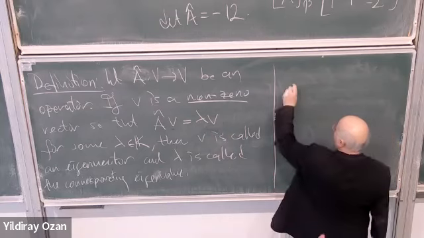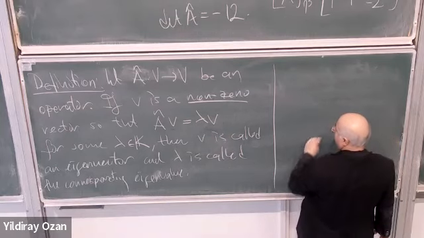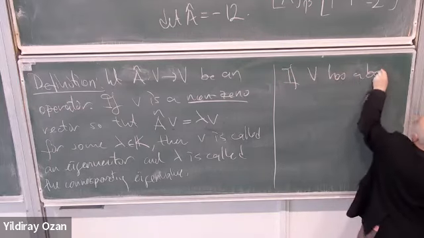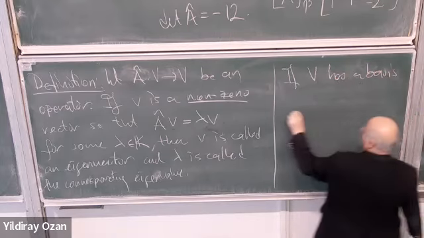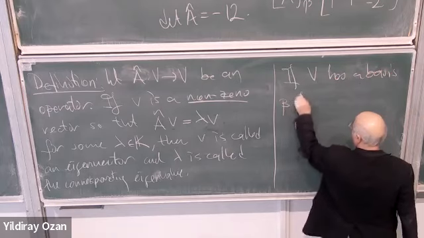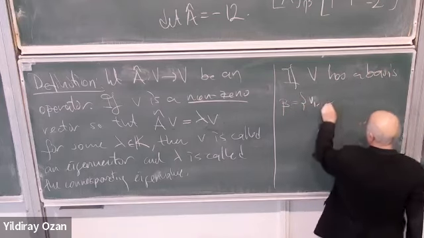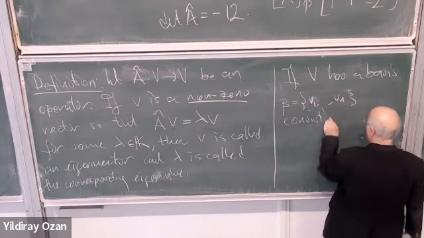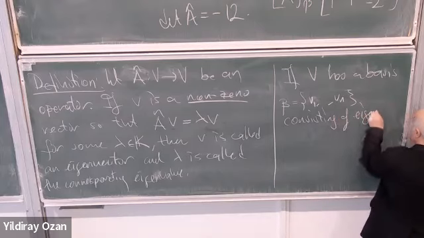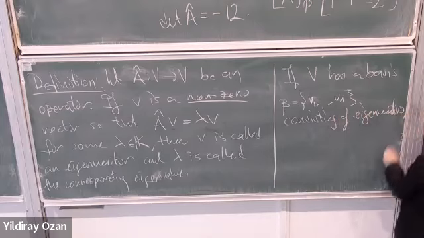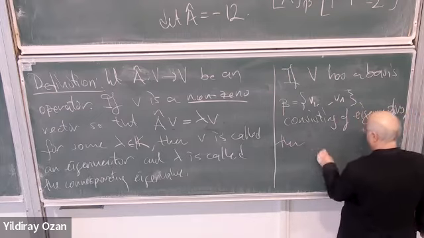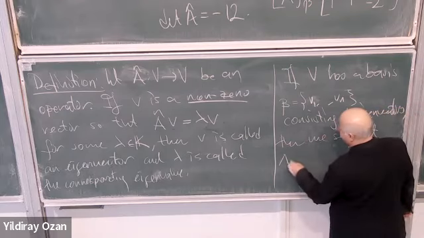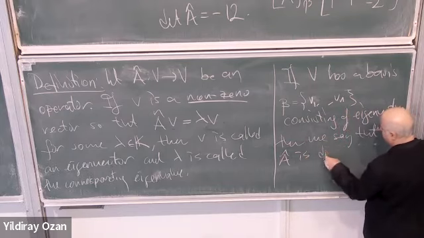Now, if V has a basis, which is V1 up to Vn, consisting of eigenvectors, then we say that A hat is diagonalizable.